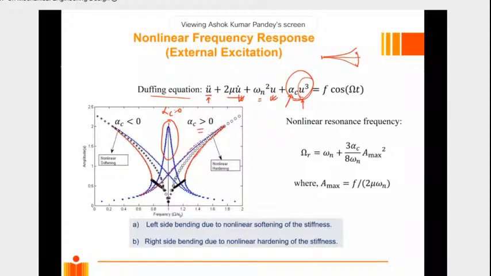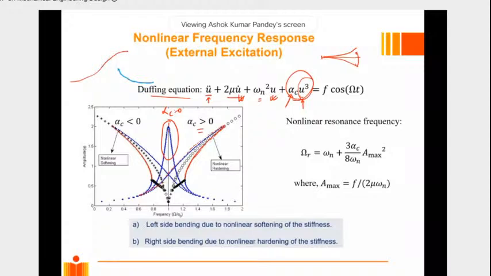So basically what really happens, you will see that in this nonlinearity, up to this the solution is stable. Then you have this one, and when you do backward sweeping from here, it will again go up to this region and then jump at this point and start going this way.